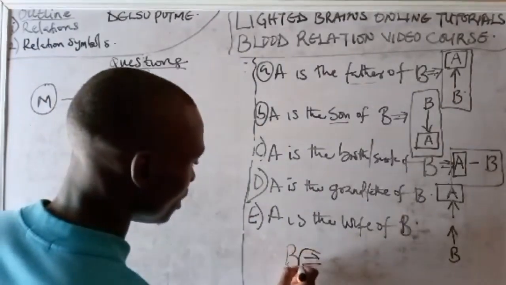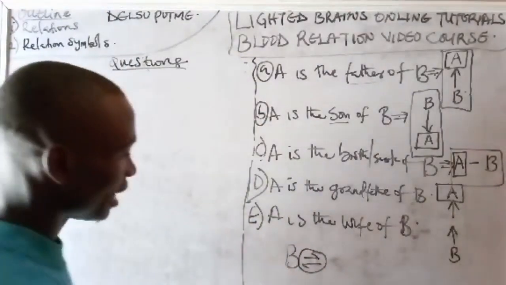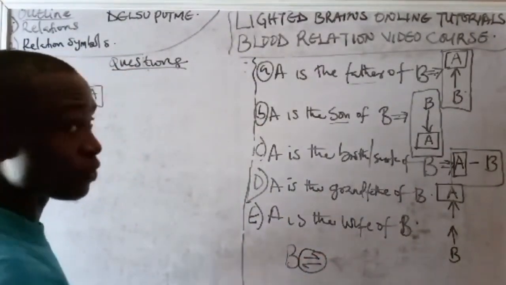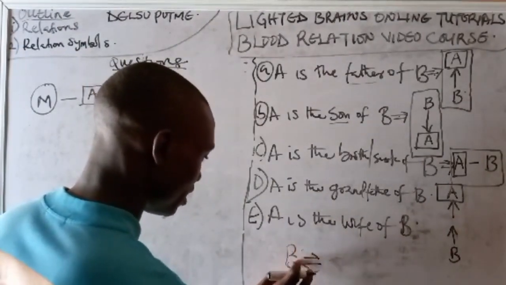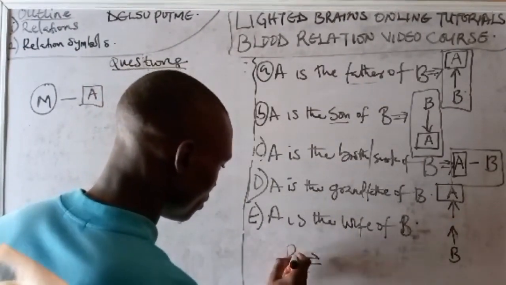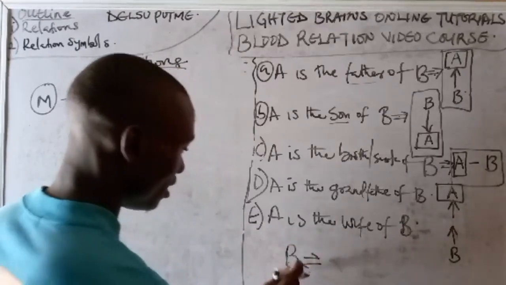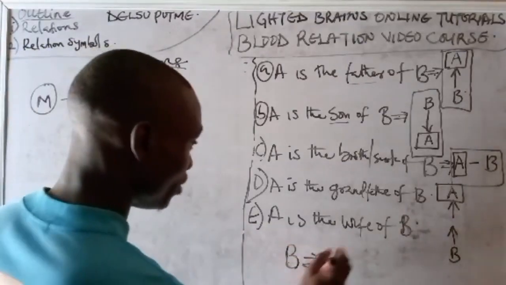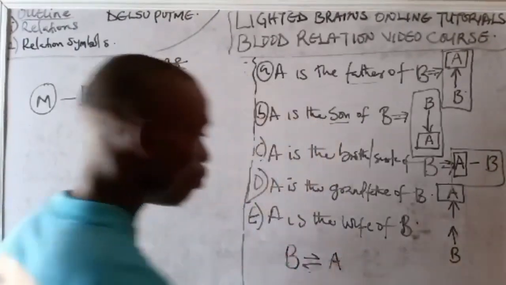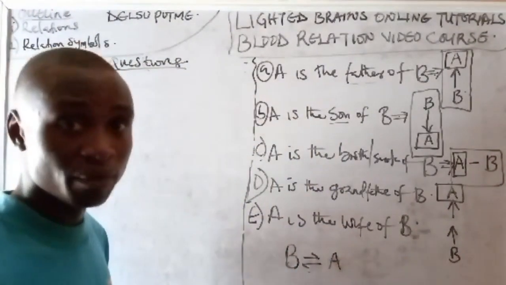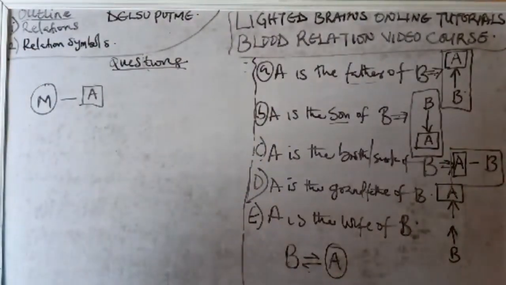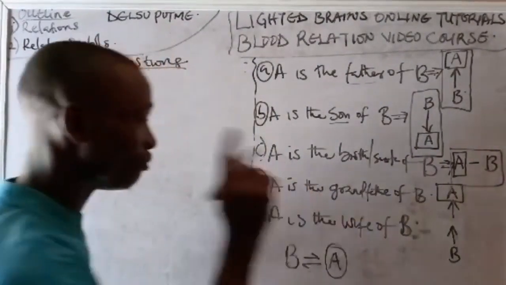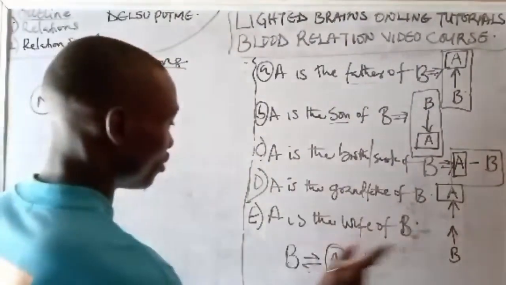Whenever you see this symbol, it represents couples, that is husband and wife. Do you get now? So B's wife is A. So wife is a daughter, a female person, right? So you circle it. Do you understand now? This is what I forgot, but I just wrote it now. Sorry, I just remembered it now.